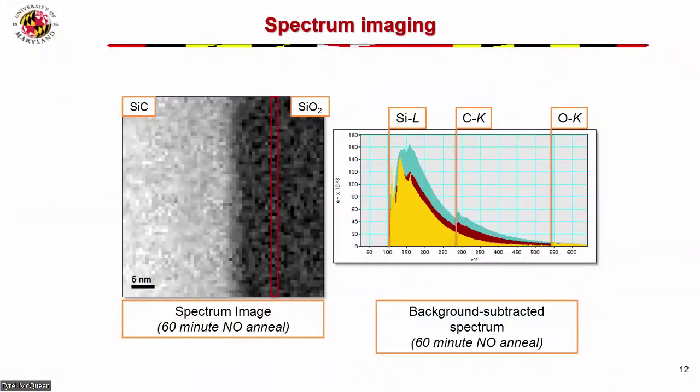So basically what EELS is, that's a good question actually, because these peaks, don't call them peaks, they are not like Lorentzian or Gaussian in shape. What happens is that this corresponds to transitions from occupied states in the valence band to unoccupied states in the conduction band.